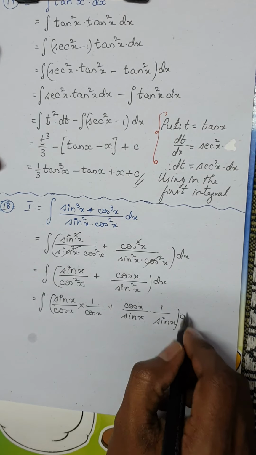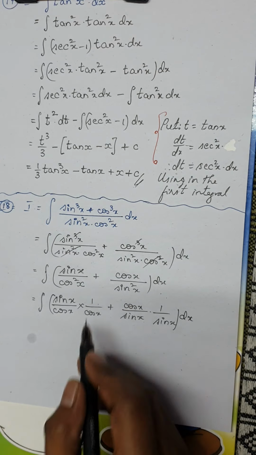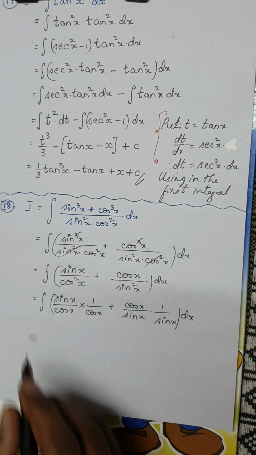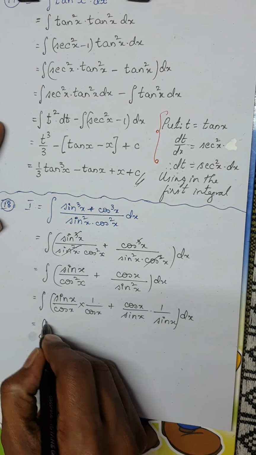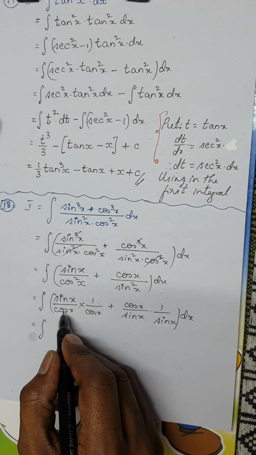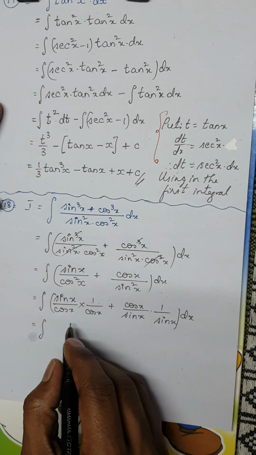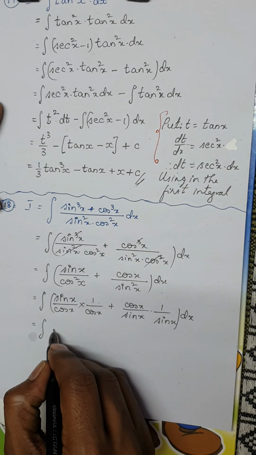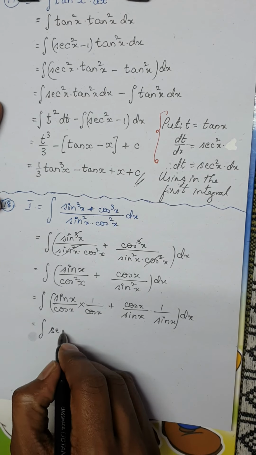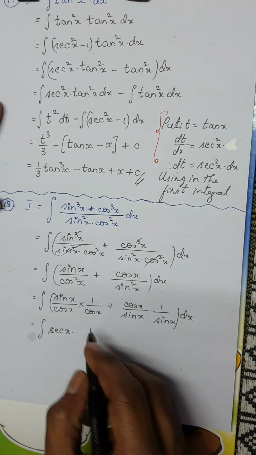This step is not required if you are capable of writing the next step directly. This would be the integral of, now look here, what is sin by cos? Sin by cos would be tan, and 1 by cos is secant x.